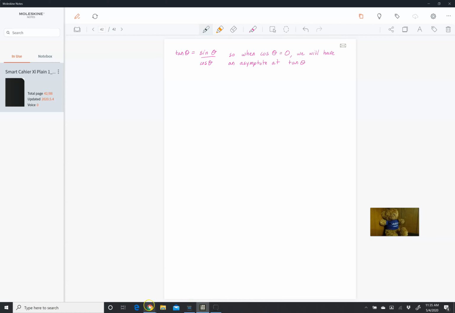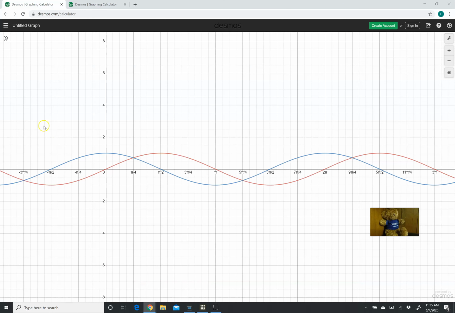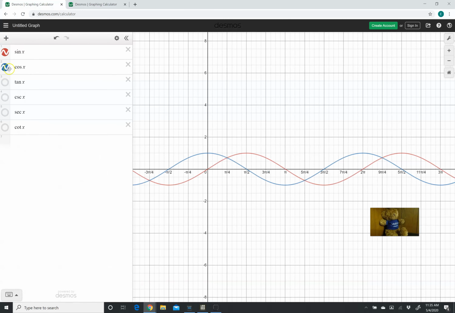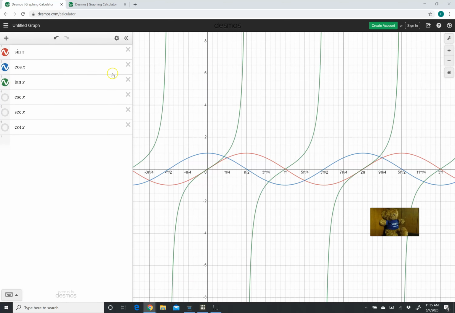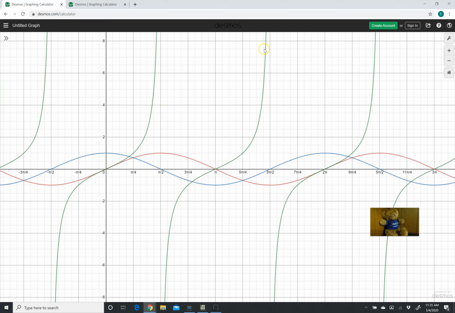Okay, so let's take a look at the graph. This is the graph. Now, imagine dashed lines. I'll take out the other graphs in a second, but you can see that tangent of theta is 0 when sine of theta is 0, because 0 over anything is 0.